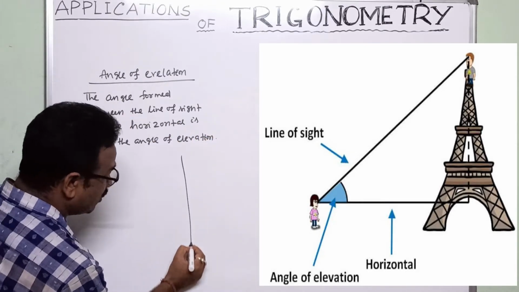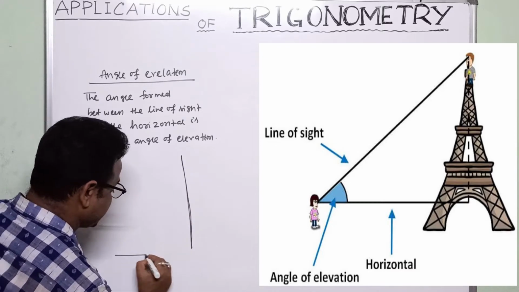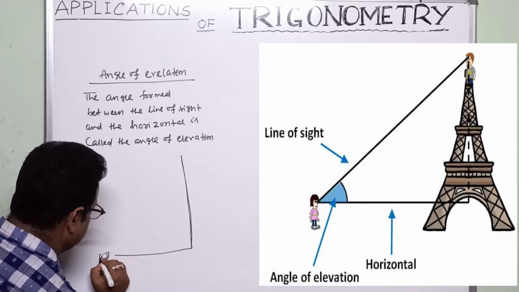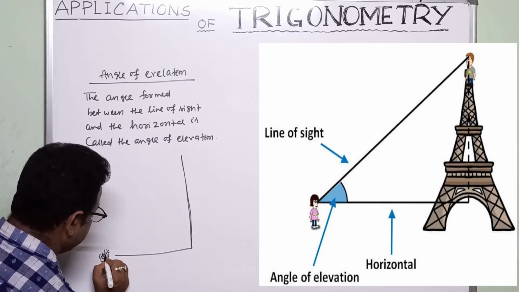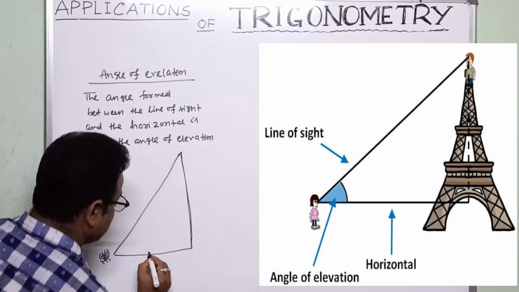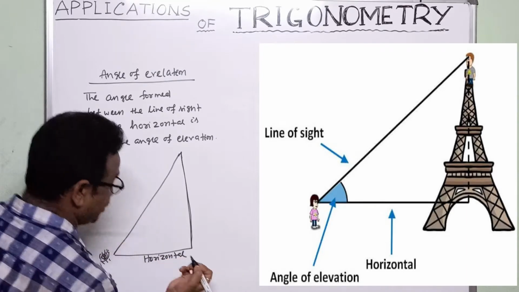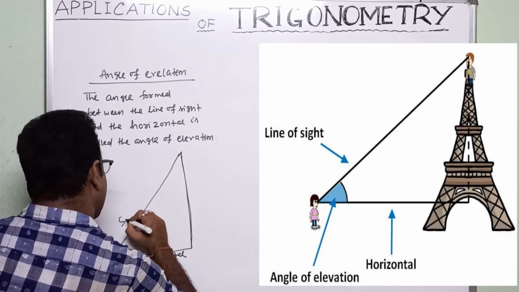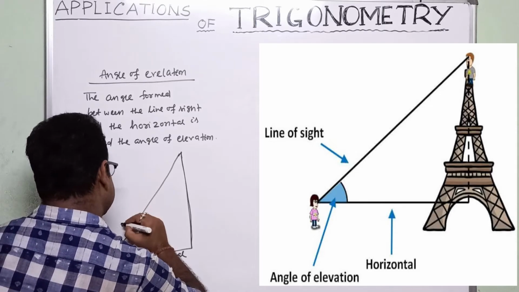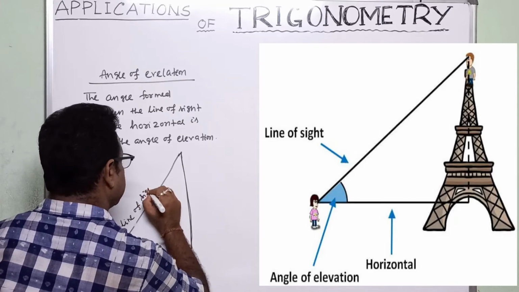Now let's see. This is a tower, this is your eye position. Now you are watching here. So this is your horizontal, and this is your line of sight.